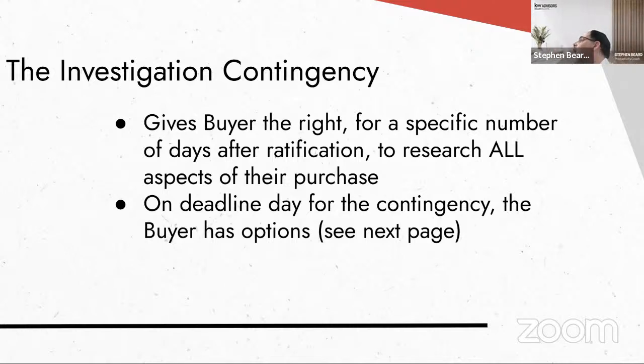Now, you will hear other agents in the marketplace call it an inspection contingency. That is not the right language. This is an investigation contingency, and it is encompassing of all kinds of things.